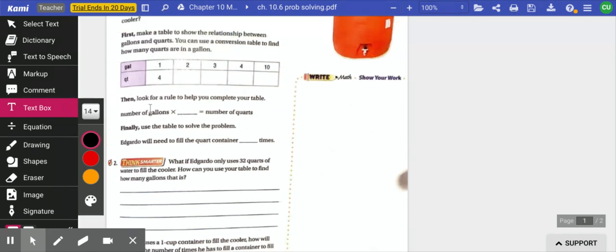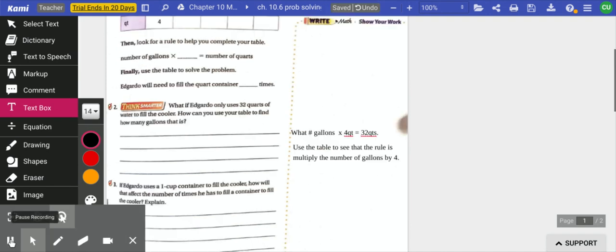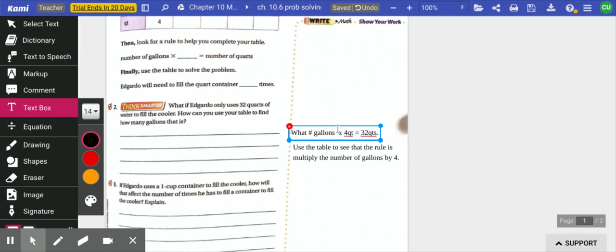Well, the rule is for the number of gallons, you times it by 4. So what number times 4 equals 32 quarts? When I know that a number of gallons times 4 is going to give me 32, I know my math facts, and I know that 8 gallons times 4 is 32.